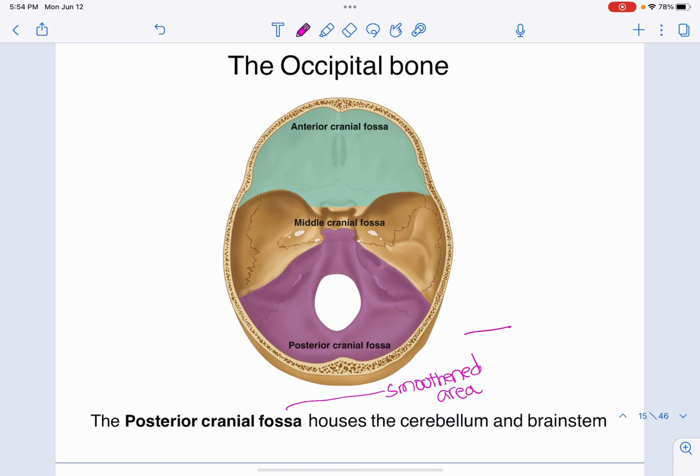There's what's called the posterior cranial fossa, because remember, the occipital bone sits in the posterior region. We're going to come back to this one. This whole smoothened area right here is the posterior cranial fossa, and this houses the cerebellum and the brainstem.